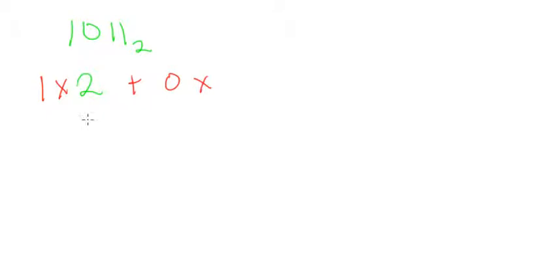You go through this process multiple times, and you might even already be seeing it. Our next number is 1 times our base, which is 2, plus 1, which is our final number, our least significant bit, times our base, which again is 2.